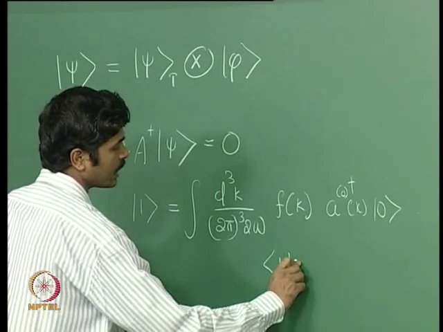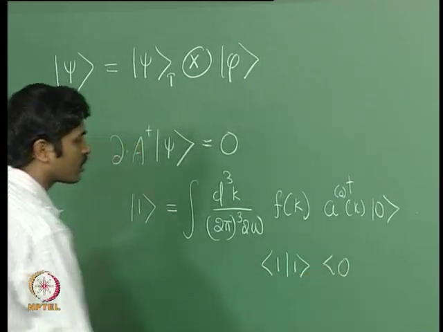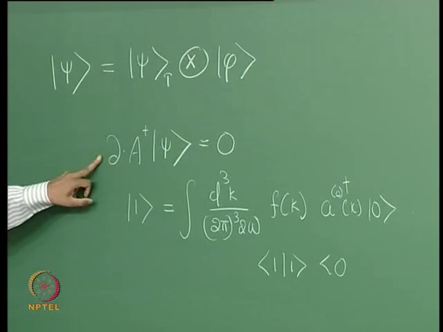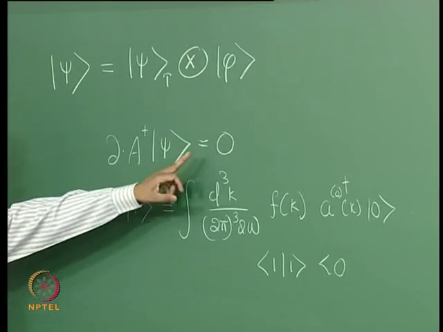The norm of the state is less than 0. So this state, for example, does not satisfy the physical state condition.